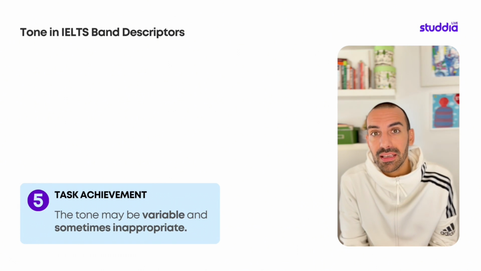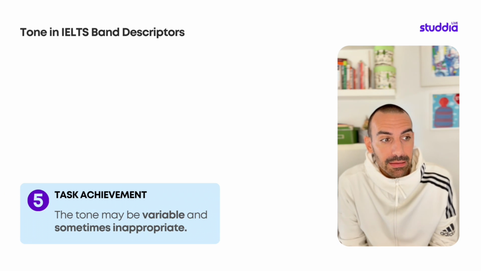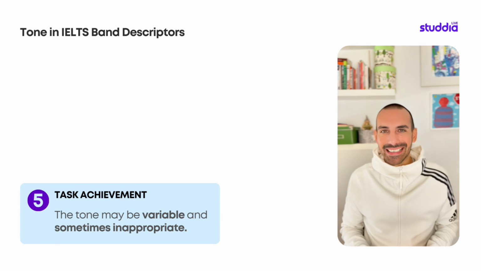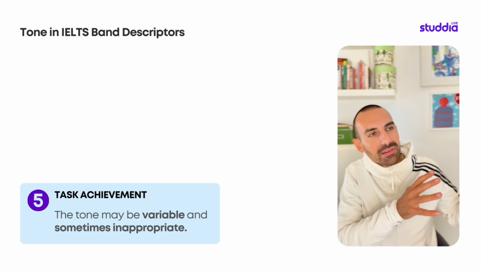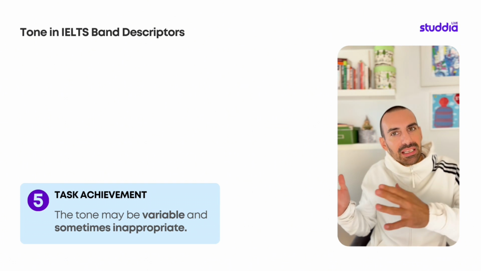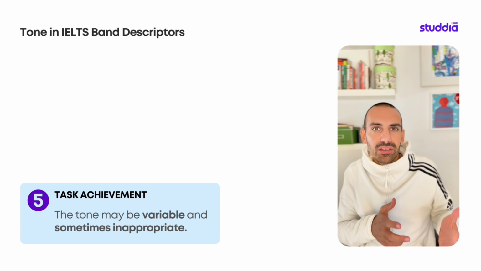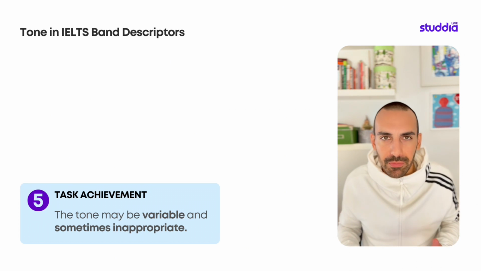So for band 5, the descriptor says the tone may be variable and sometimes inappropriate. What does that mean? Well, it means that throughout your letter, the tone isn't consistent. Sometimes it sounds formal, sometimes it sounds informal, sometimes it's a bit off for the situation. In other words, you're mixing things up.